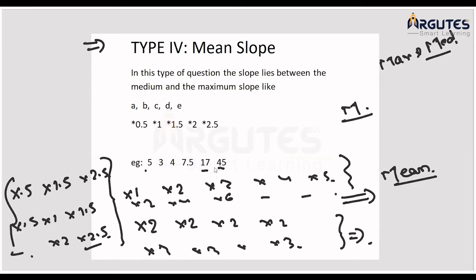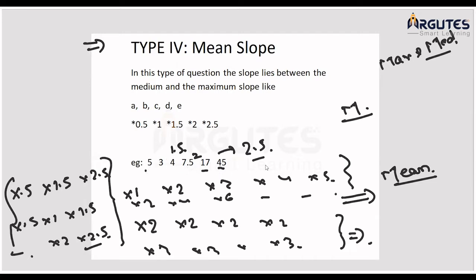By looking at this we can say that it's nearly 2.5 times. Now this 17 is how many times of this 7.5? By looking we can say that it's nearly 2 times. Then 4 and 7.5, it is nearly 1.5 times. Like this we can say that.